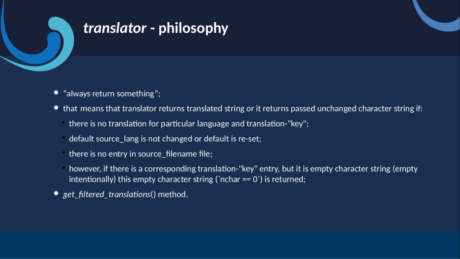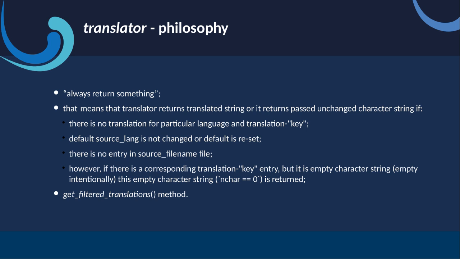Besides the unify line endings parameter mentioned earlier, translator is expected to always return something, a character string. Maybe this is obvious, but you have to figure out how to handle cases in which you don't have a particular translation versus cases where you want a particular translation to be empty intentionally. Here's the description of the full logic behind translator and how we address this kind of issue.